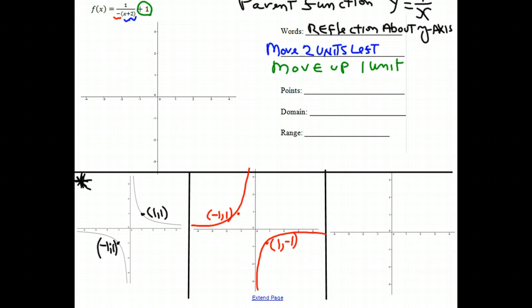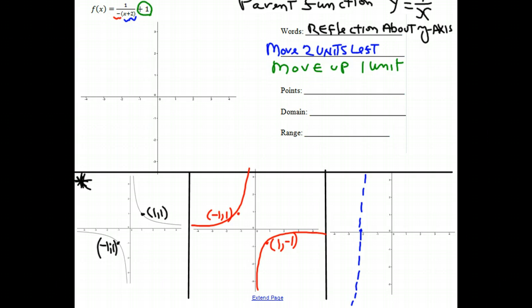Making sure it never touches the x and y axis, because in this parent function, the x and y axes are asymptotes. Our next step is to move it 2 units to the left. The easiest way to do that is first to move the asymptotes 2 units to the left. In this case, we're talking about the vertical asymptote. And we will simply draw a dotted line through the point negative 2, since the y-axis asymptote has moved over 2 units.